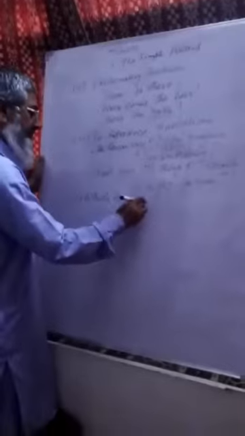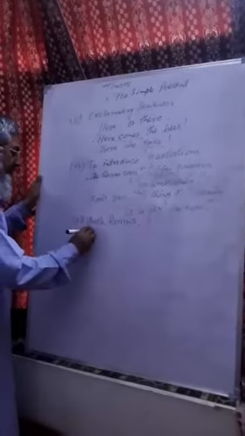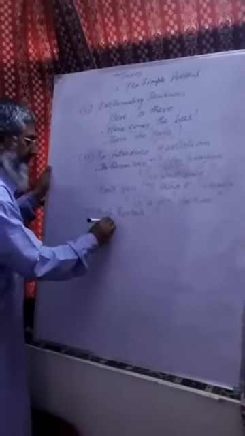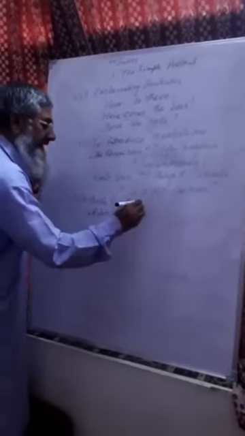Number 7, book reviews. When we give our opinions or a review about a book, we use the simple present. For example, Robin Hood is a delightful book.